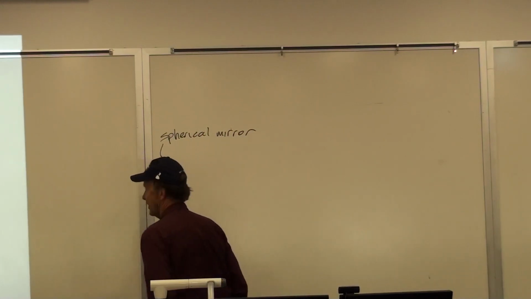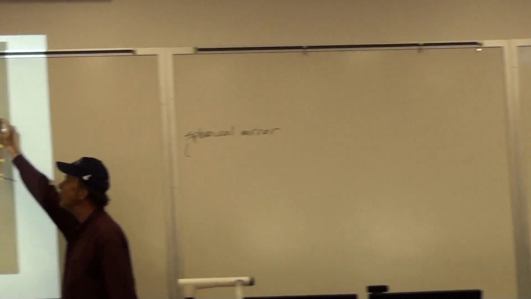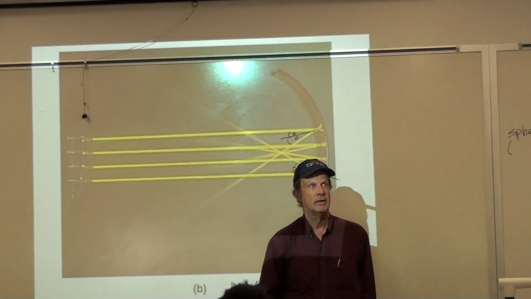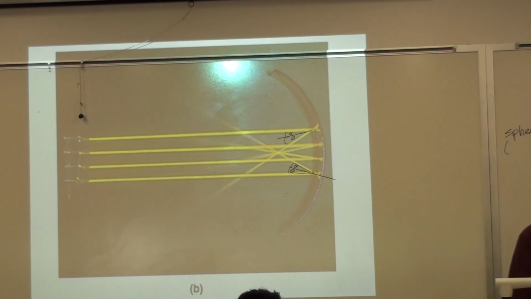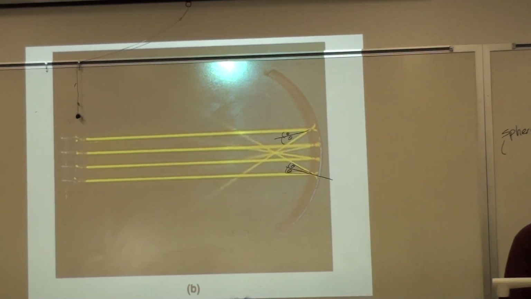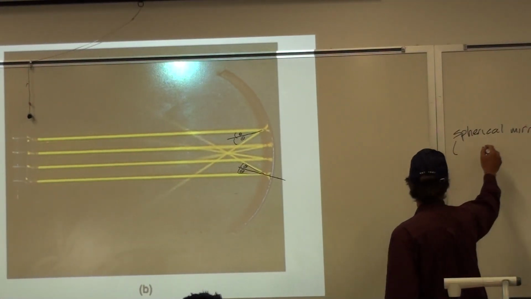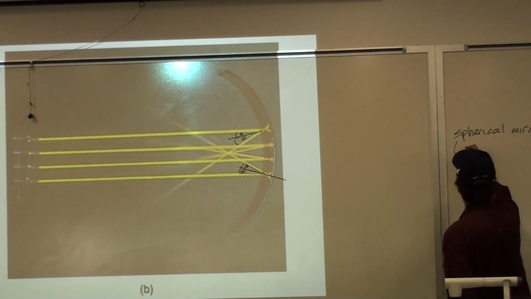I should mention here, although these smaller mirrors are usually made spherical because it's way easier to make a spherical mirror, that the ideal curvature is parabolic. And that's what big telescopes are made of, parabolic surfaces.